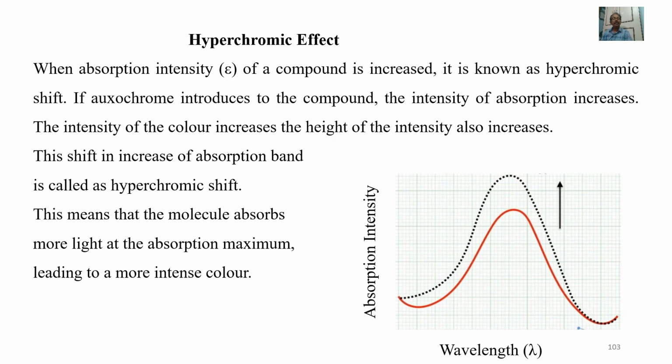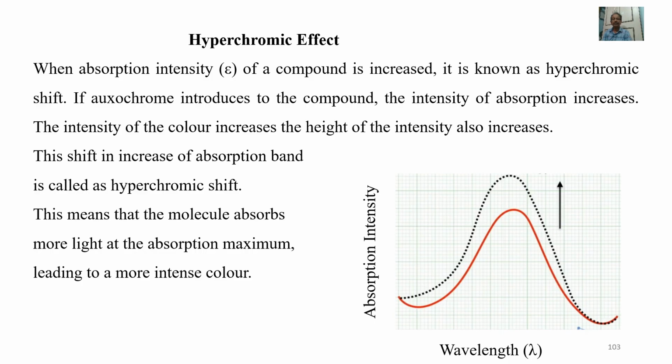Hyperchromic effect. When absorption intensity of a compound is increased, it is known as hyperchromic shift. If an auxochrome is introduced to the compound, the intensity of absorption increases. The intensity of the color increases. The height of the intensity also increases.